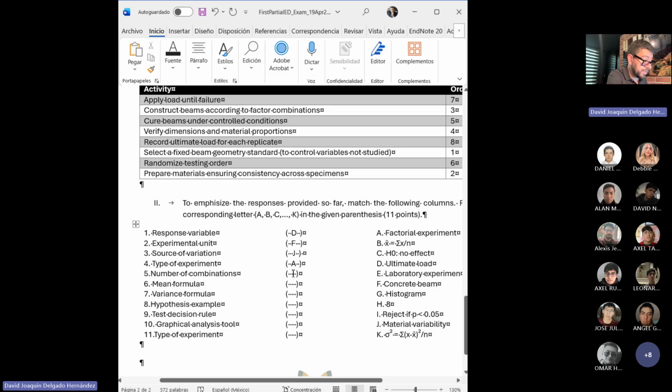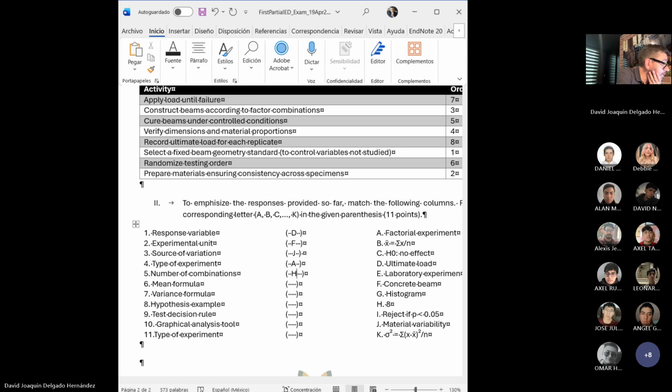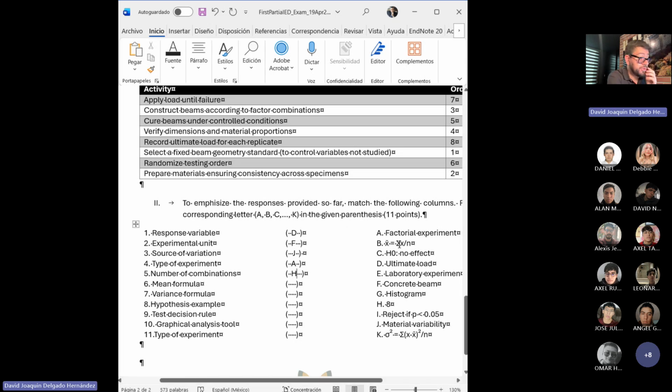It is 8, which is related to this answer, H. 8 combinations from low, low, low until high, high, high. The mean formula, it is letter B. You should add all the values and then divide by the number of values. So this is letter B.